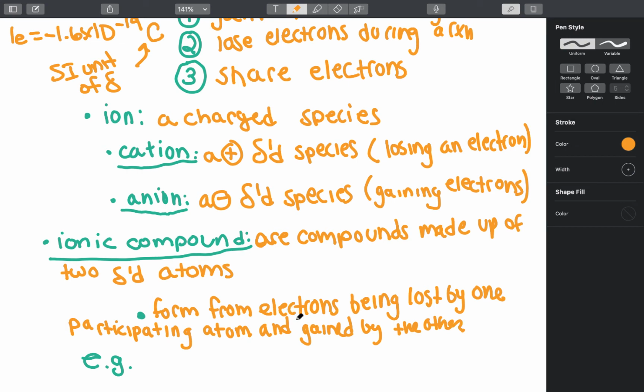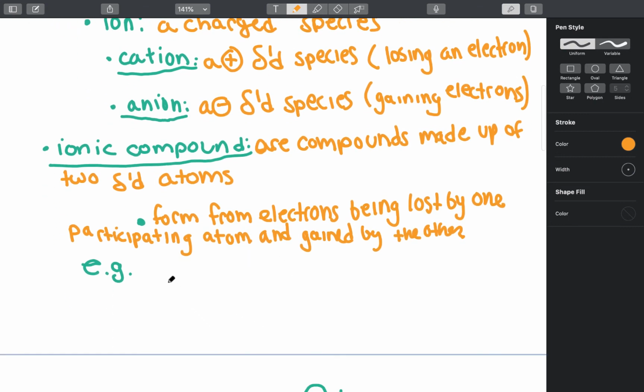So in an ionic compound, electrons are lost from one species, and then those electrons are transferred onto another species, forming two charged species, which form an ionic compound. Some examples of ionic compounds are your salts, so sodium chloride, magnesium chloride, etc.